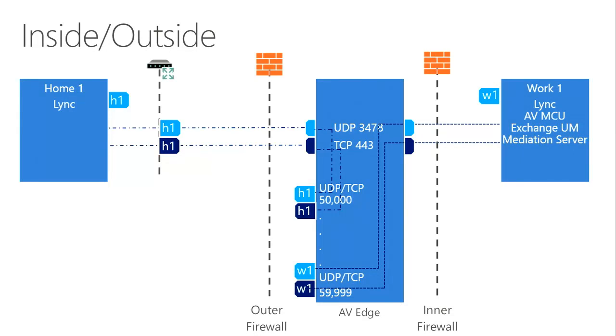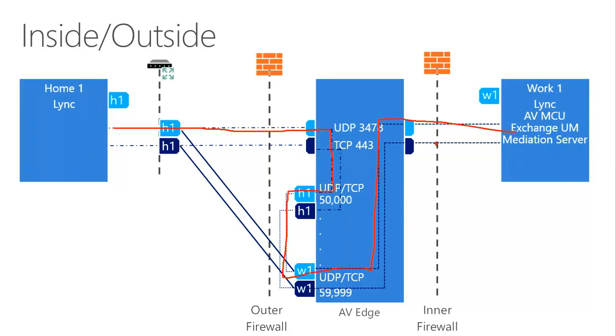Obviously, peer-to-peer doesn't work because of the firewalls, but the home user will try to connect to the ports that the internal user allocated on the edge server in the 50K port range. If this port range is open, fantastic, the call is working. If it's not open, then the user will tell the edge server, I cannot connect to this port, so please, edge server, on behalf of me, you need to connect to these ports, and then it will work, and then I will have a connection. So that would be the UDP connection.